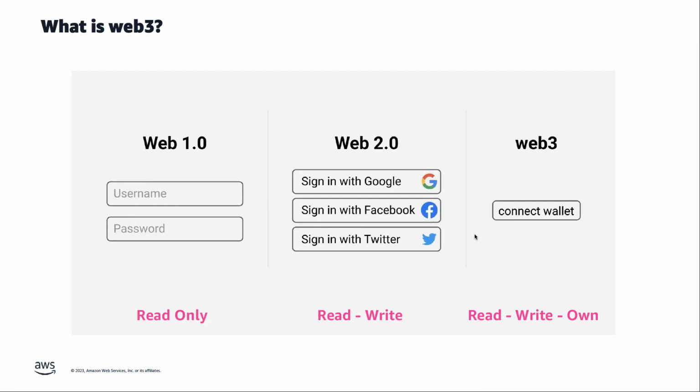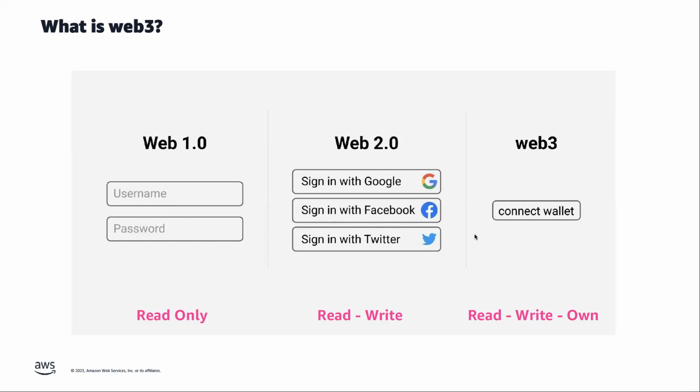And 10 years later, in 2005, it came to the Web 2 era. The user can not only read the information, but also share their content with other users in the community. That means it comes with read and write components.